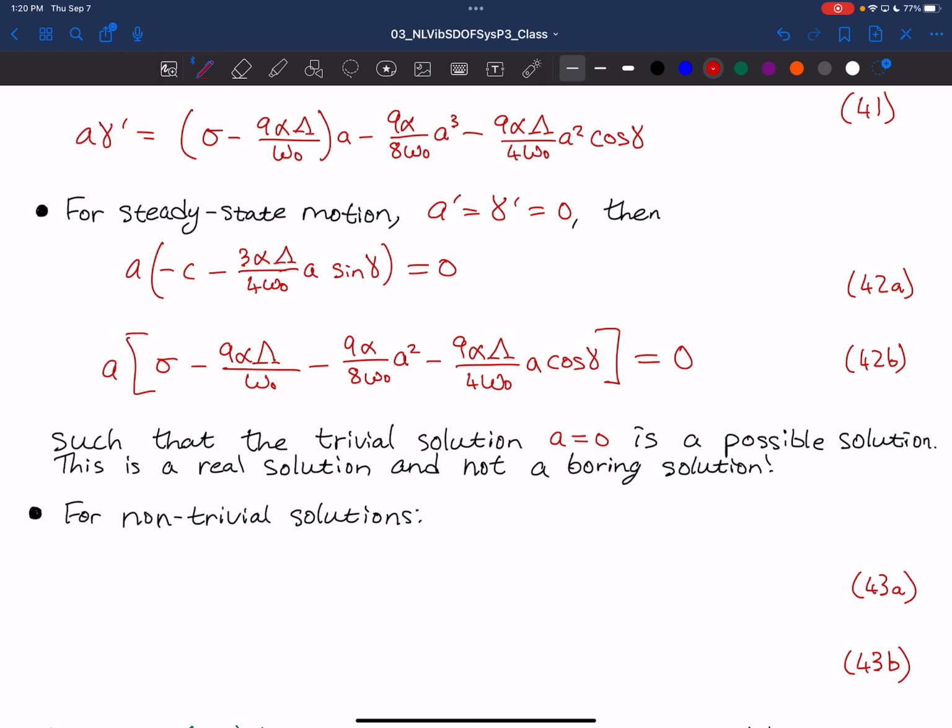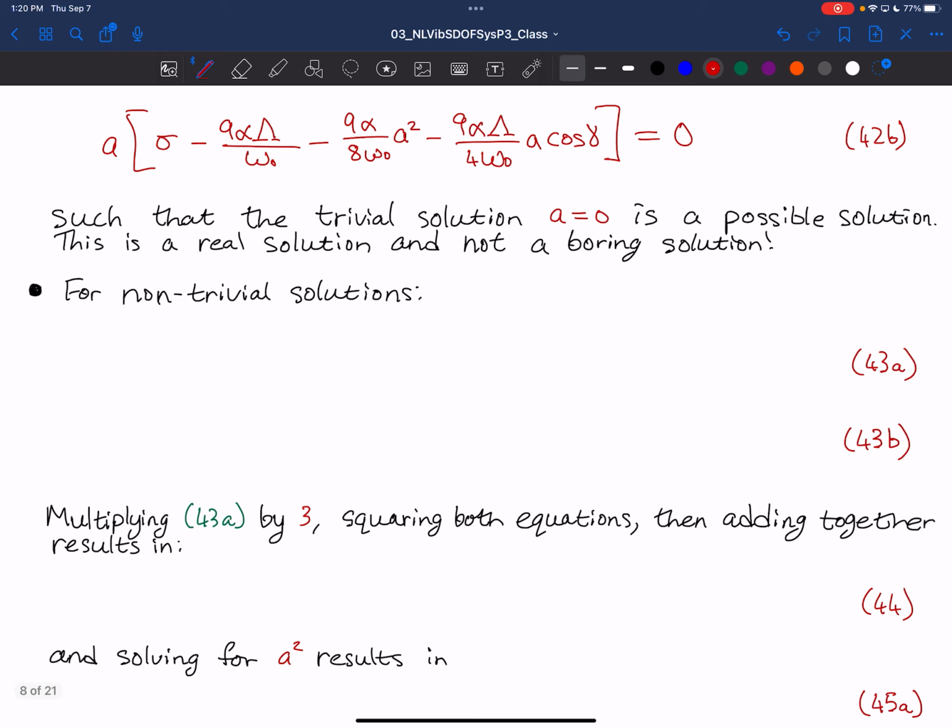Okay, so what we want to study now is what are the conditions for non-trivial solutions to occur. For non-trivial solutions, we end up with 2 equations. First, minus c is equal to 3 alpha lambda over 4 omega 0 times a times the sine of gamma.